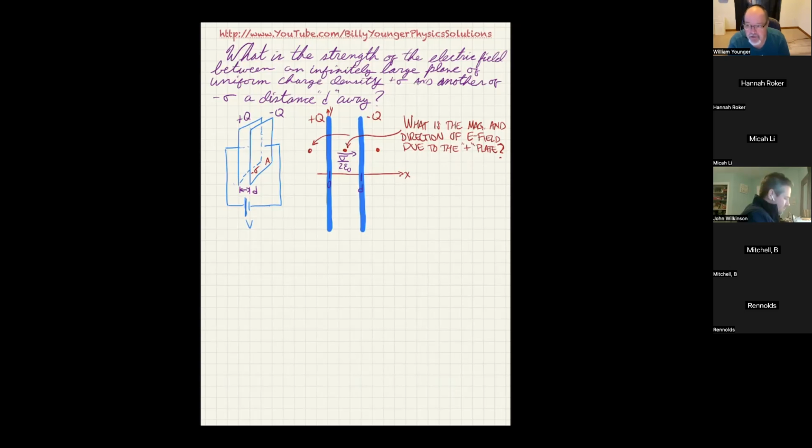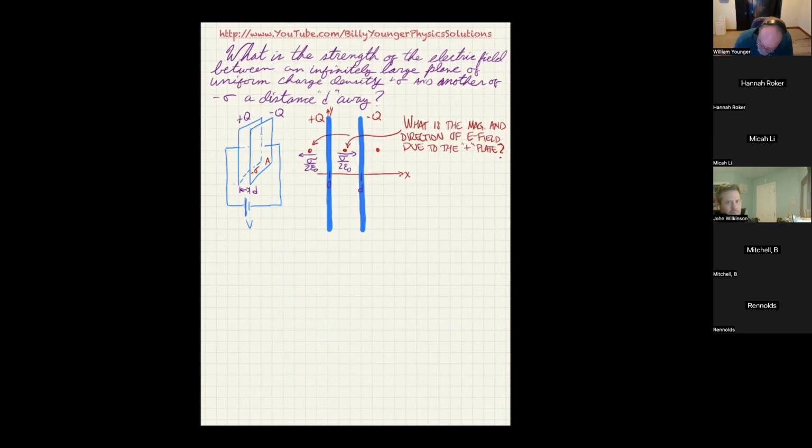Completely forgetting about the negative plate. And actually, I think Micah tried to give it exactly. So in this case, if we were on this side, the positive plate would compel a positive charge to move to the left. And in fact, its magnitude would still be sigma over 2 epsilon naught.